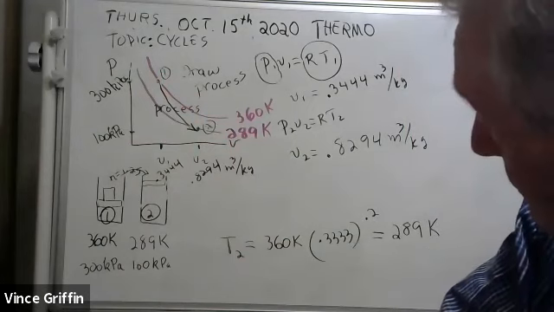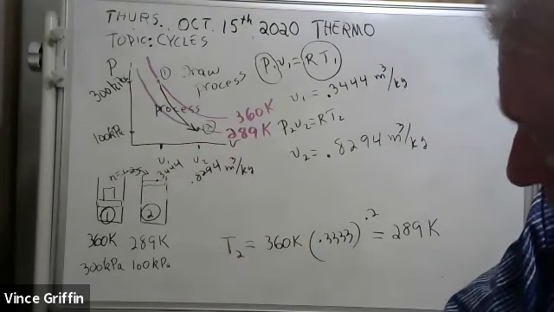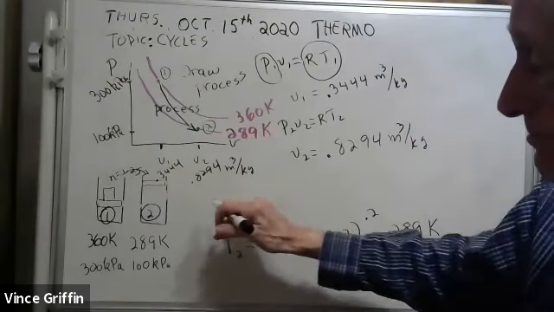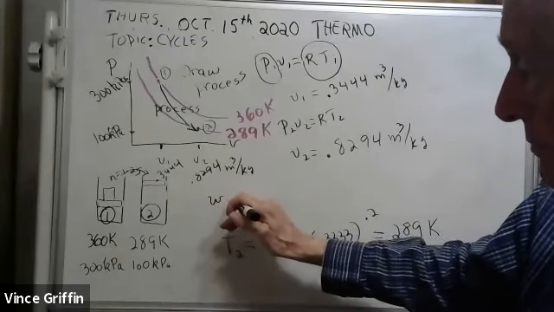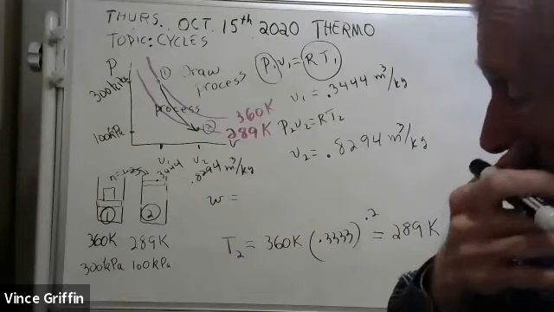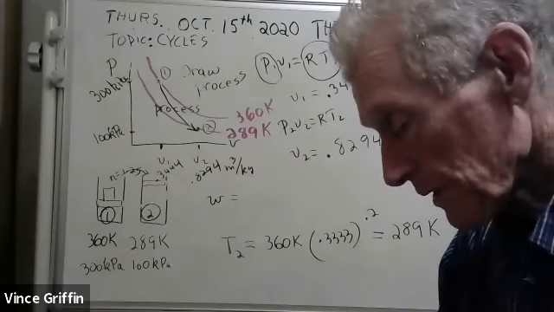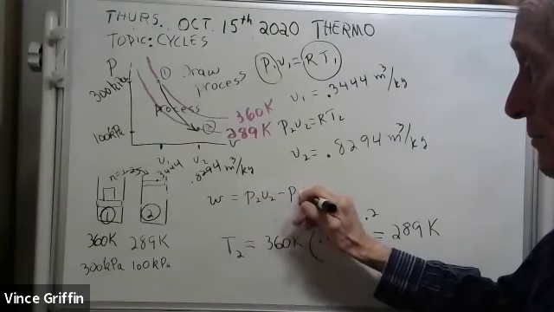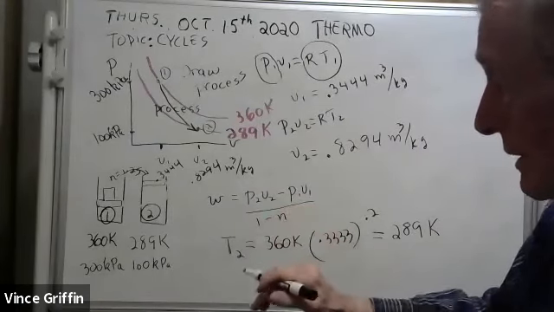That's what I want. Now, let's suppose we wanted to find the work per mass, little w. We have a lovely equation for it: P2 V2 minus P1 V1 all over 1 minus n.